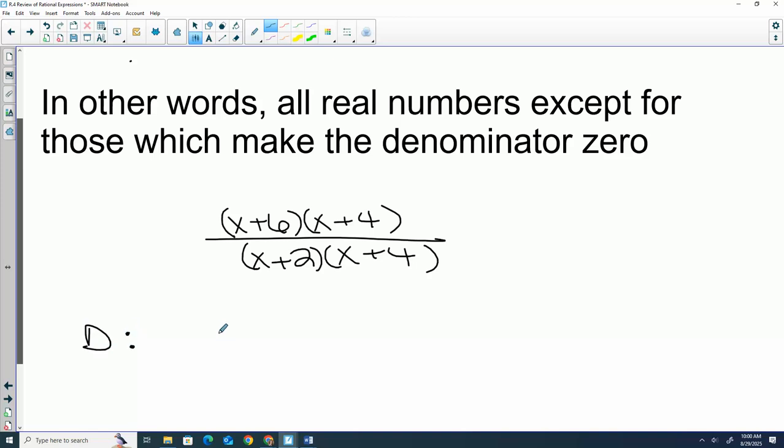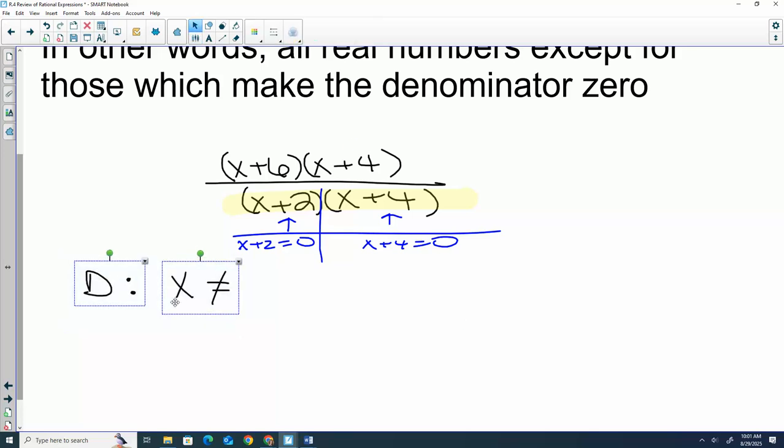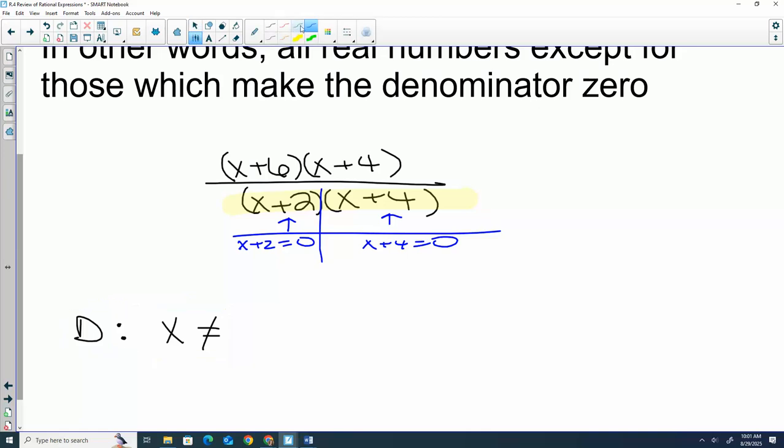Domain, we usually say capital D. And for now, what I'm going to have you do is just tell me what x cannot be. So x cannot equal. If I'm looking at this, all we look at is the bottom. If you have two things multiplied, the only way to get 0 is if one of those things is 0. So I need to know what makes x plus 2 equal 0 and what makes x plus 4 equal 0. I'm sure you can do that.